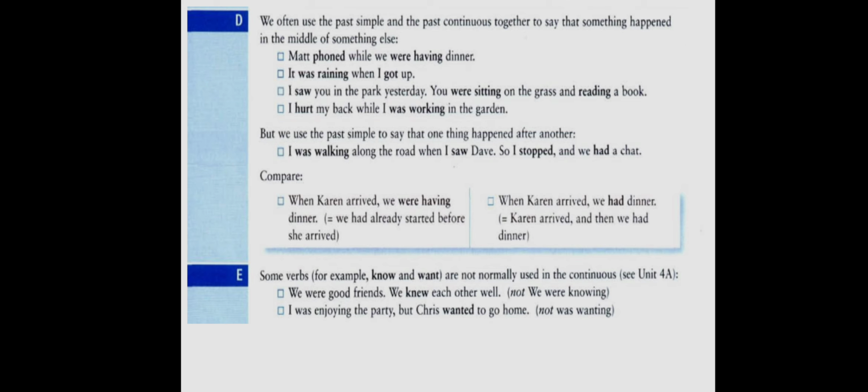If we speak about two actions that are not interrupting each other, one action comes after another action without a gap of time, directly. One action finishes, another action starts, and both in the past, then we use past simple for both actions.